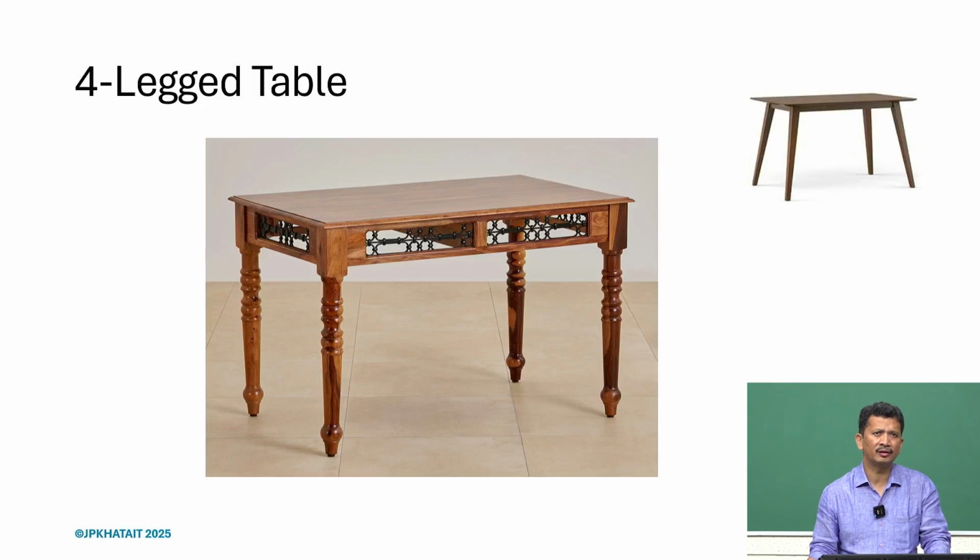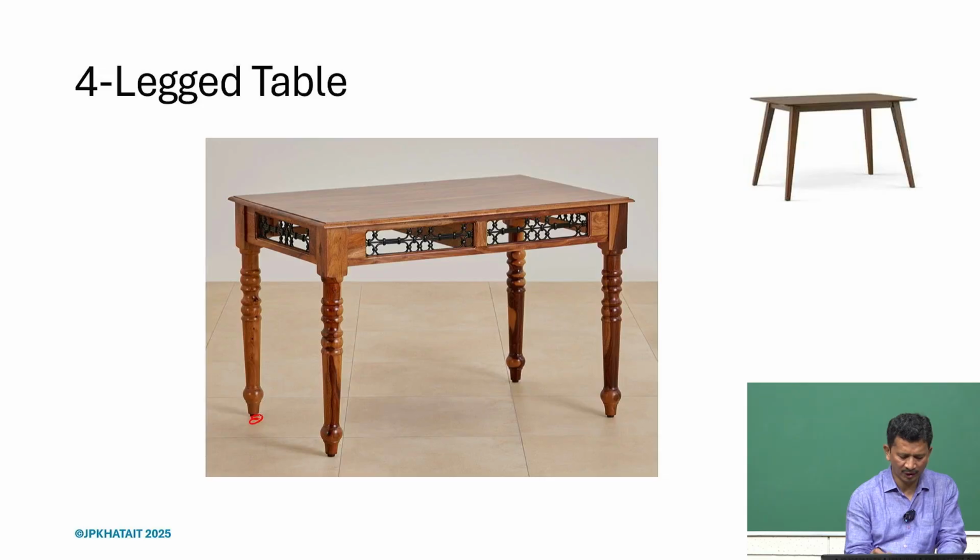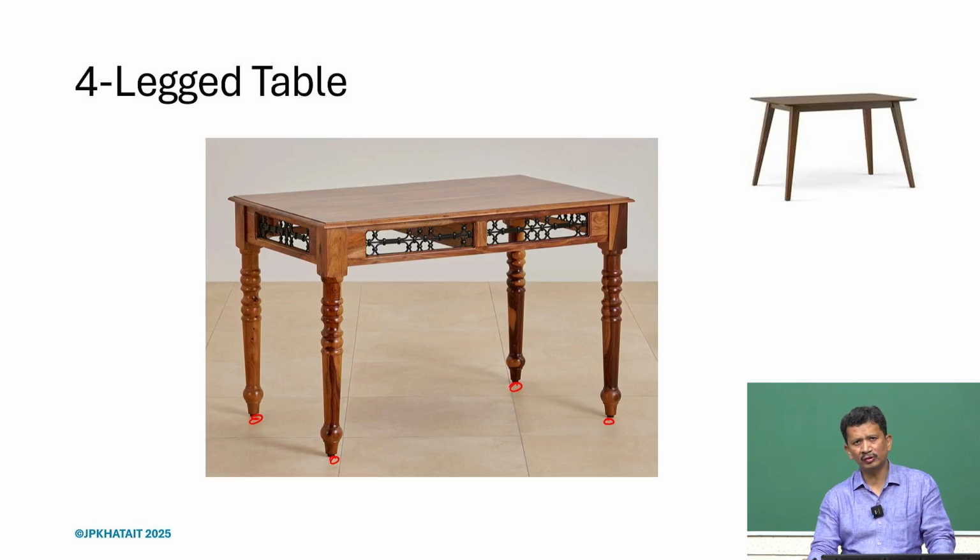On the other hand, if we talk about a four-legged table, what are the issues with this? In this case, we have 4 contact points. If we want to put the table on a level surface, the moment we move it, we have encountered this every time we move a four-legged table from one place to another: we always have to find a surface or do some adjustment.